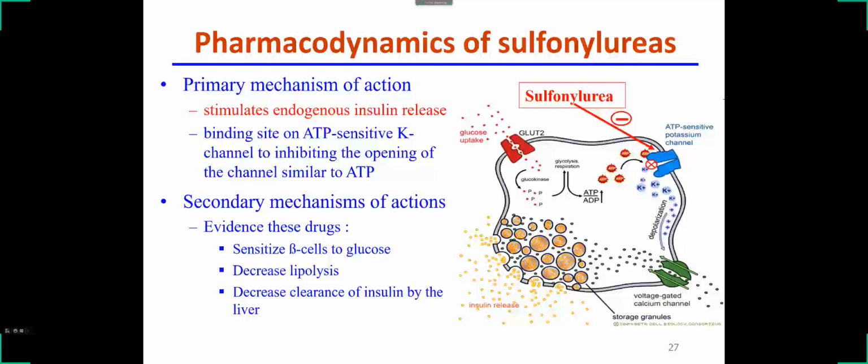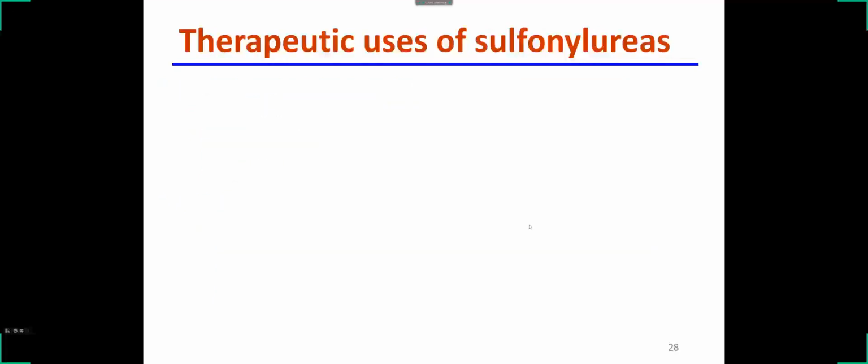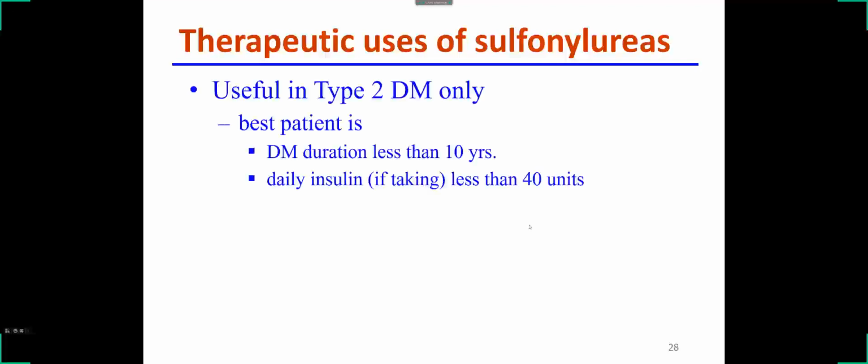It then will decrease lipolysis peripherally and decrease clearance of insulin by the liver, which facilitates again raising our insulin levels, which is important, obviously, if you're type 2 diabetic and you can't produce insulin or have very low levels of insulin.